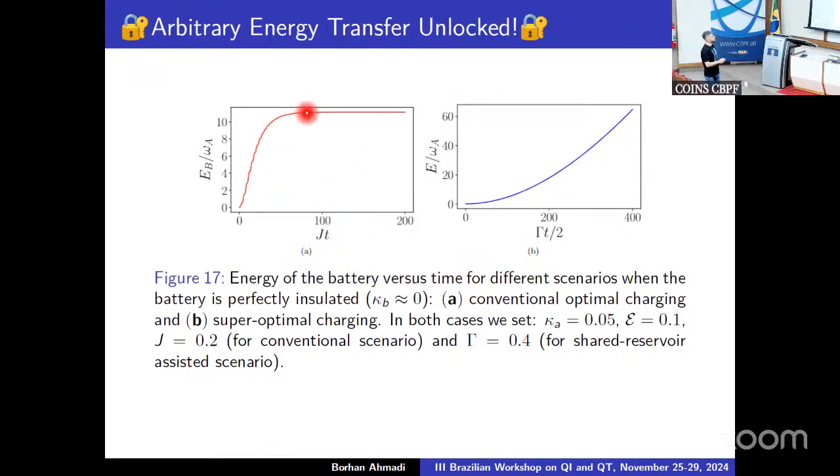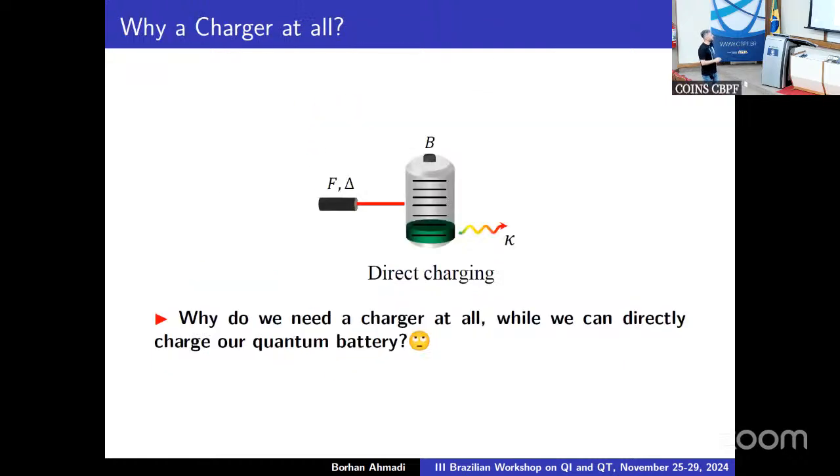The left plot is for when I'm using the conventional scenario without the shared reservoir, and this one is for the case when the interaction is dissipative. There is no coherent interaction. As you see, it seems like there is no local dissipation. It allows for arbitrary transfer of energy. But in the conventional case, even when kappa B is 0, you see there is saturation.